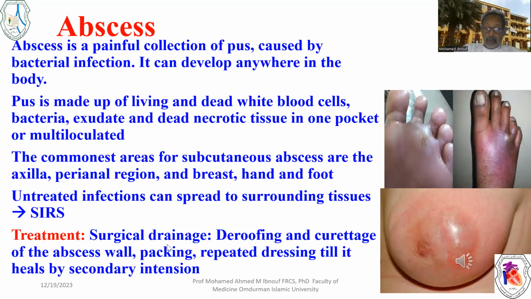The treatment is usually surgical drainage by deroofing, taking part of the skin away to keep the wound open, and curettage of the abscess wall, then packing the abscess with gauze and regular dressings to let the wound heal by secondary intention.